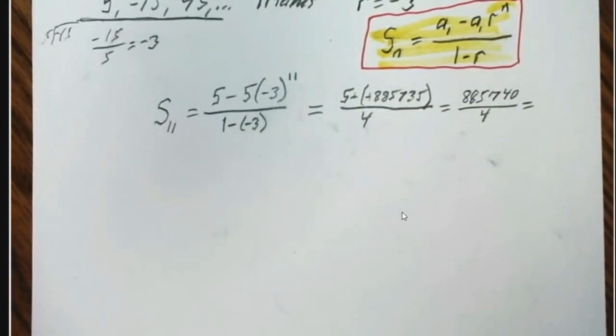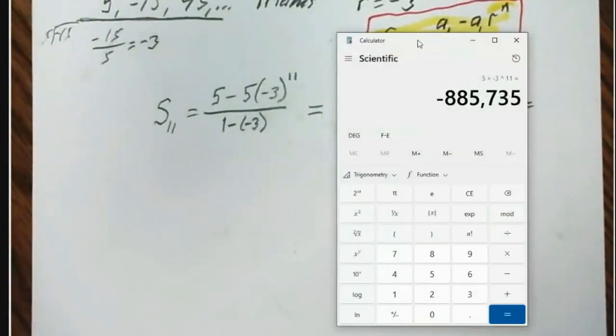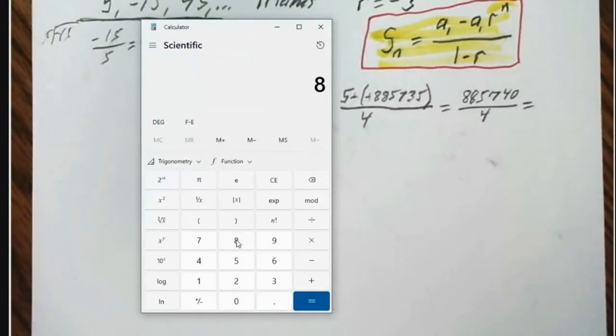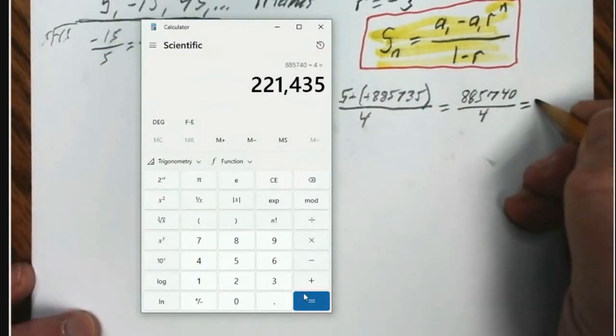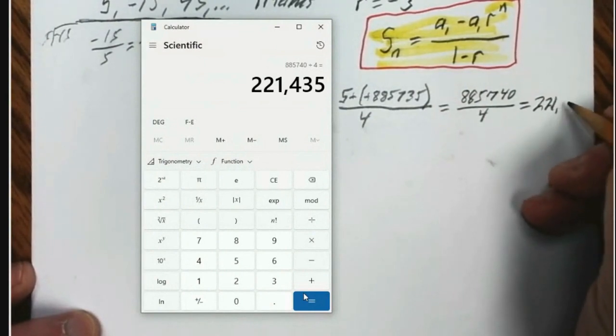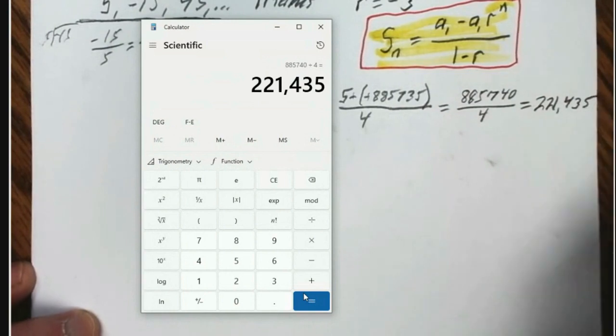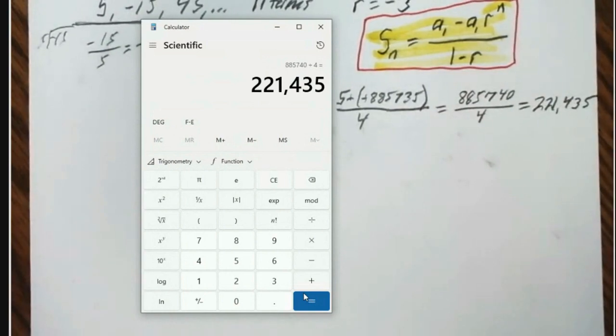So let's pull up our calculator once more. 885,740 divided by 4. So if we add the first 11 numbers of this sequence, we get 221,435. If anybody wants to test that for us, please do.